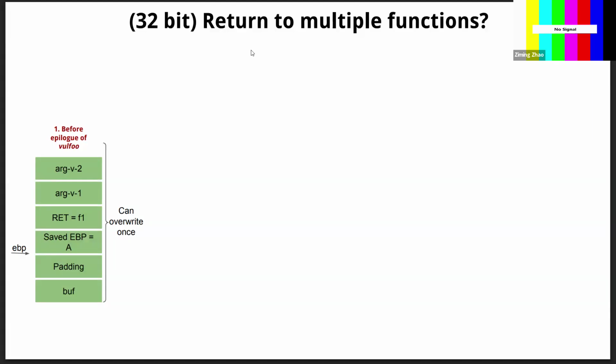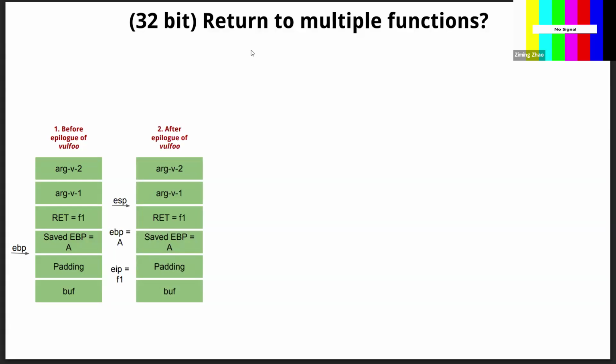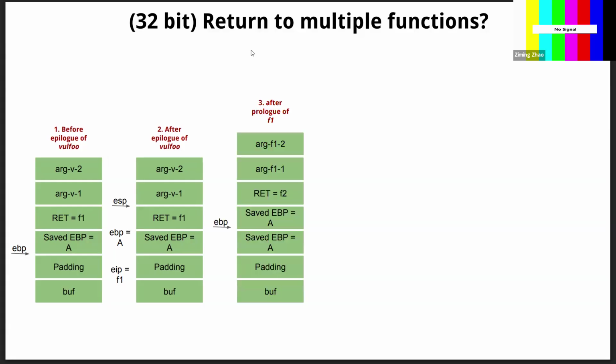Then after the execution of Valfu, the saved EBP will be pointing to this place, and the ESP will move up. That's what we saw. That's why if we want to put 2 function addresses there, we actually can. So the first function we want to return to, the return address we can just put here.